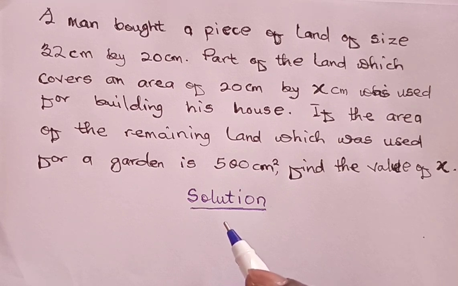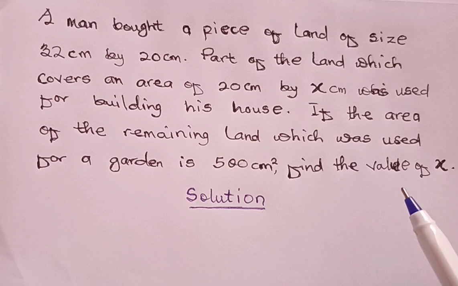Part of the land which covers an area of 20 centimeters by X centimeters was used for building his house. If the area of the remaining land which was used for a garden is 500 centimeters squared, find the value of X. Let's look at how we can solve this question.